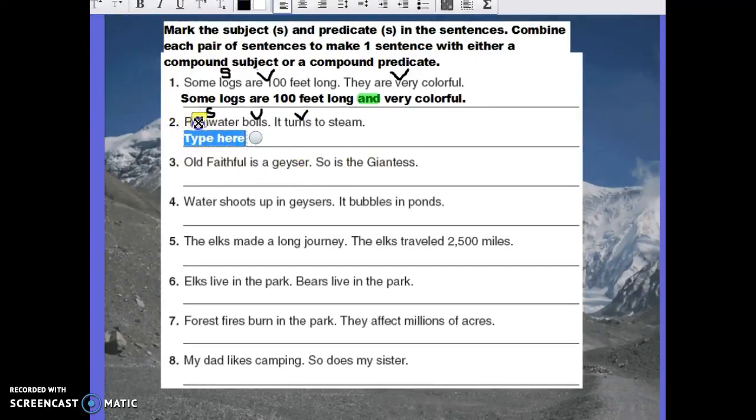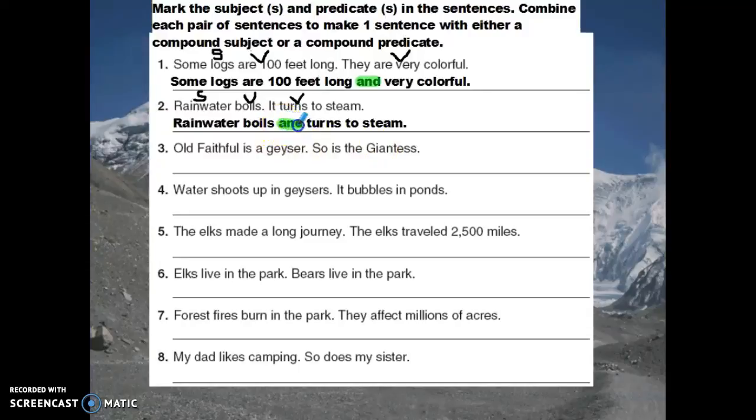Let's combine those. It will look like this. Rainwater boils and turns to steam. So I combined those sentences using and, and now there is a compound predicate.